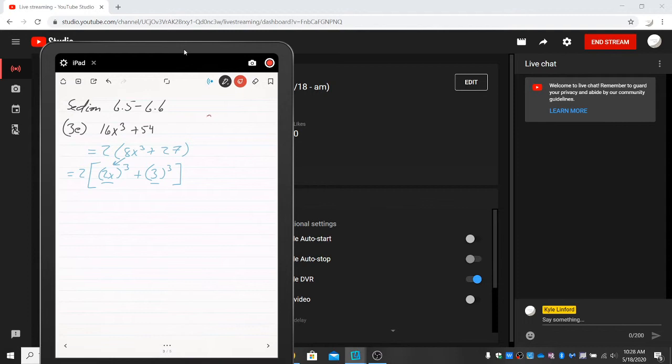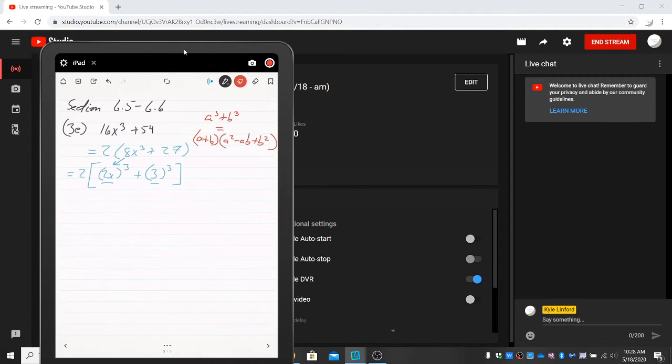So if you have a cubed plus b cubed, you're going to write your answer as follows. It's going to be a plus b times a squared minus ab plus b squared.